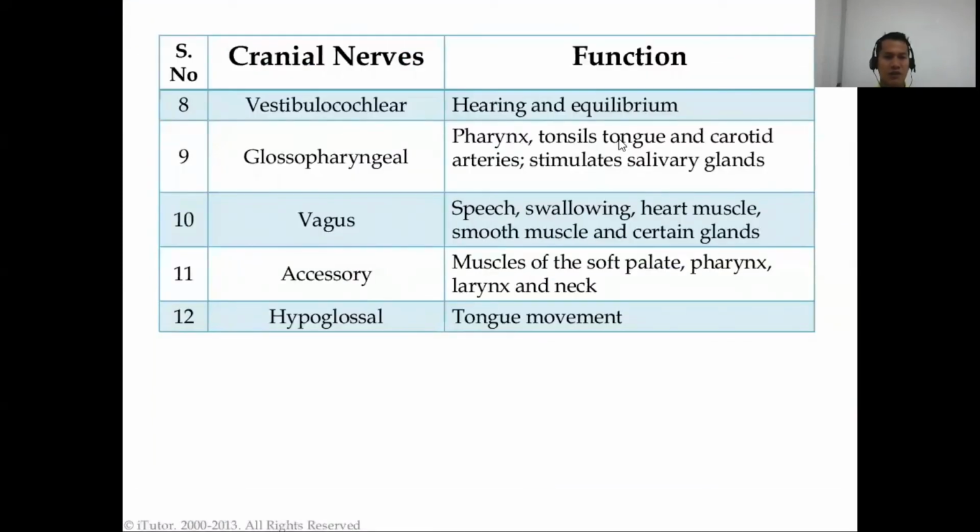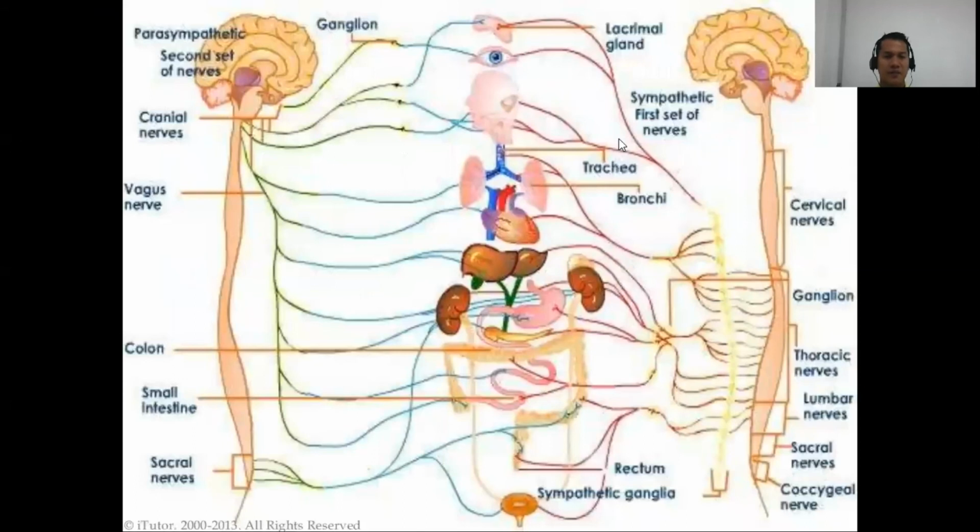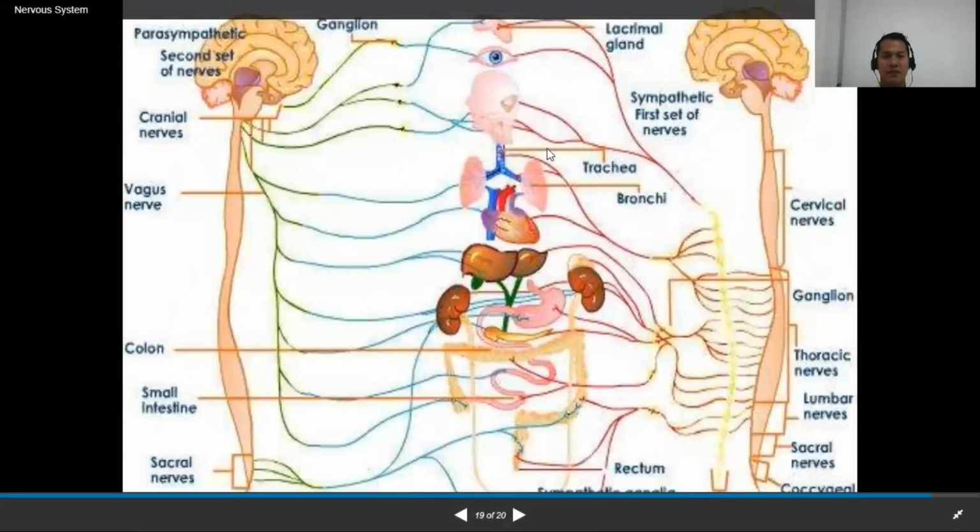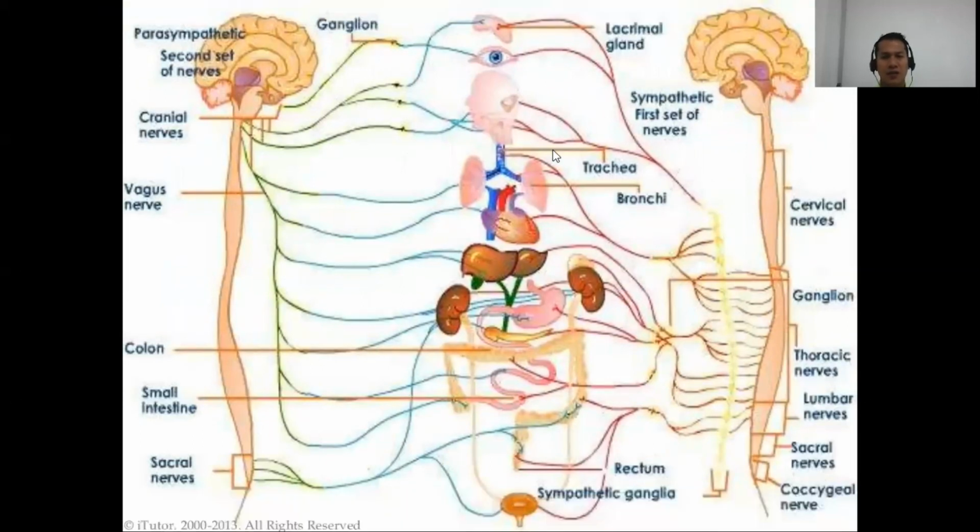There are 12 sets actually, and in all those sets, they control specific organs or systems of the body. So as we studied before, they play a very important role in coordination, homeostasis, and balance in our body.